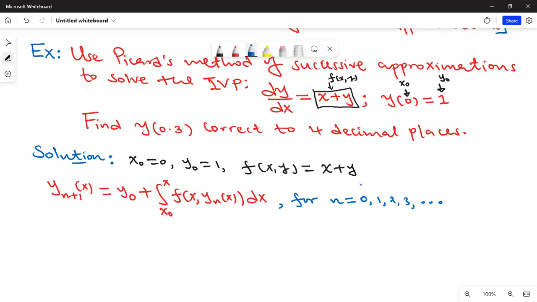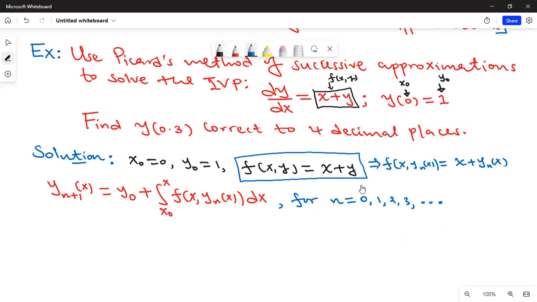So let's start. We need f of x, yn. And we know f of xy. From here, it is clear that f of x, yn, which is a function of x, remember, will be equal to x plus yn. Where there is y, we replace that by yn, a function of x.